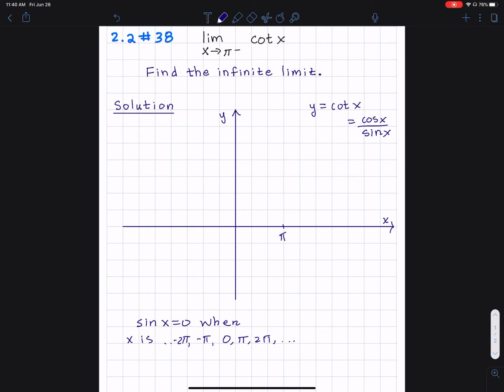And when sine x is 0, we have 0 in the denominator of this fraction of cosine x divided by sine x. 0 in the denominator leads to vertical asymptotes. So at pi, we're going to have a vertical asymptote. At 0, there's a vertical asymptote.